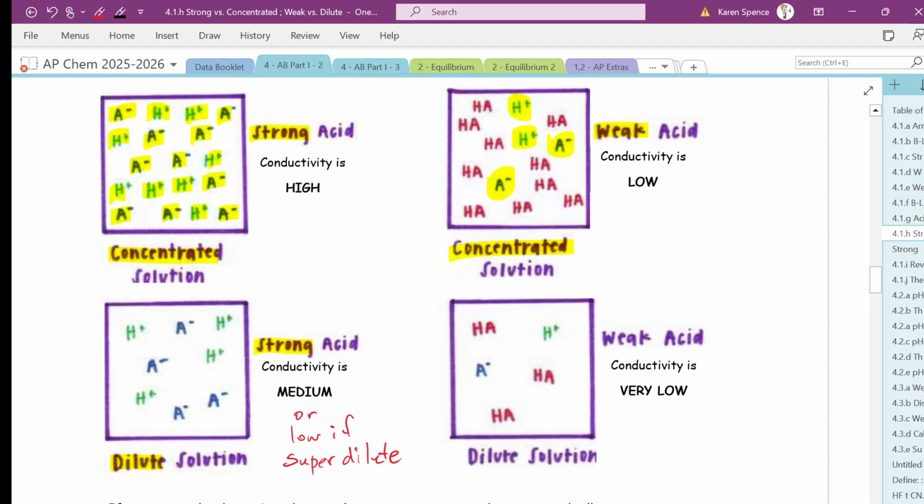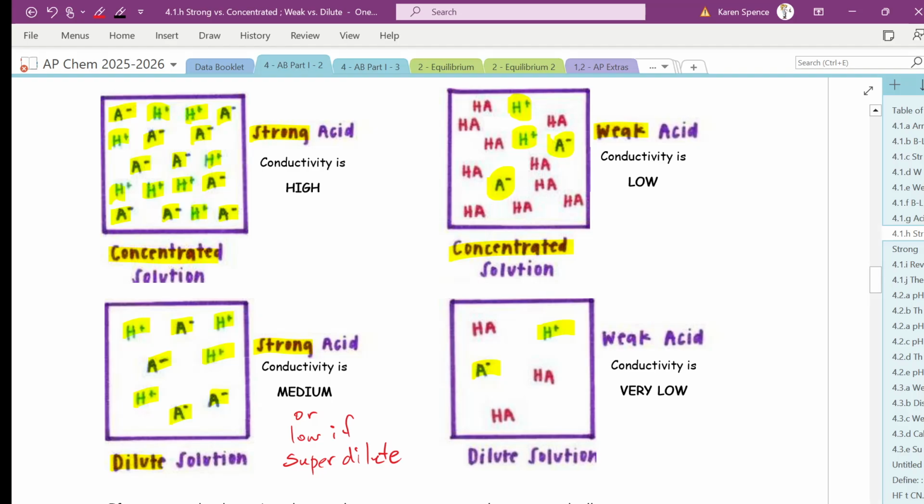If we look at all our ions here, 1, 2, 3, 4, 5, 6, 7, 8, that's still more than our weak acid when it is concentrated. You would have to dilute that strong acid even more to get it down to the same concentration of ions. And if we have a weak acid that is dilute, conductivity is very low because there's very few ions. Is this all making sense?